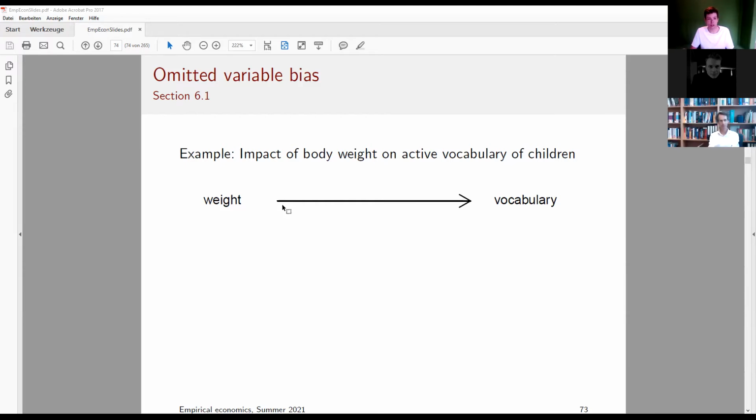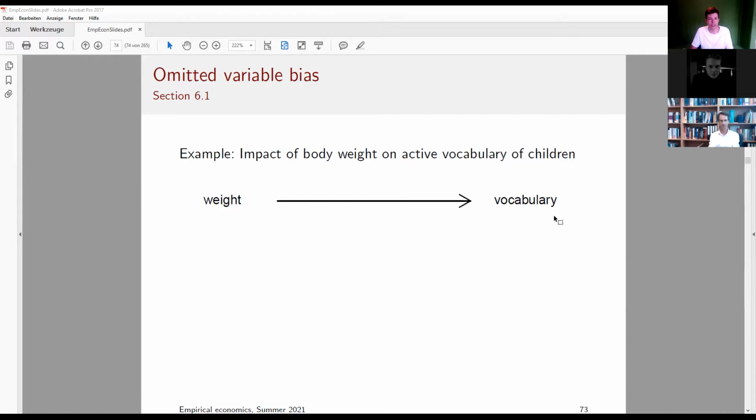And then you would definitely observe a very interesting and very puzzling relationship, namely that with increased weight, vocabulary increases as well for children. So feeding them very nutritious meals might be a very good idea to increase their vocabulary, and with that, of course, increase later on their school outcomes and maybe their income in later life.